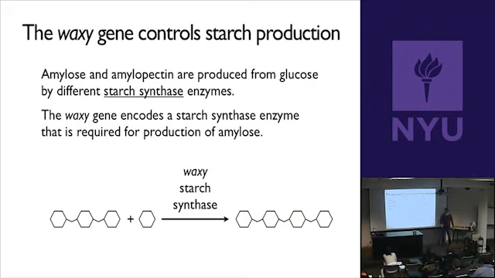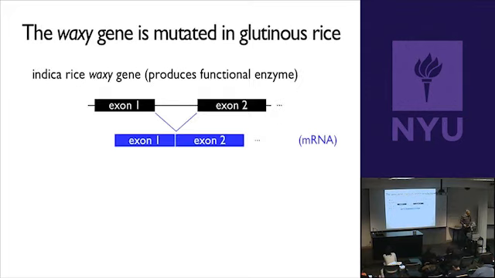Whereas there would be a different starch synthase enzyme that might add it in one of these branch points instead. Okay? So it turns out that indica rice has a normal WAXY gene that produces a functional enzyme. Okay? And that makes sense because indica rice is mostly amylose and very little amylopectin.